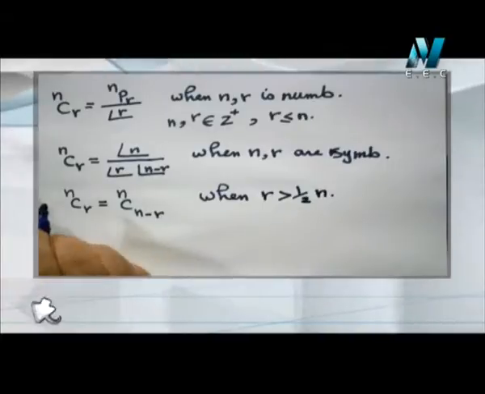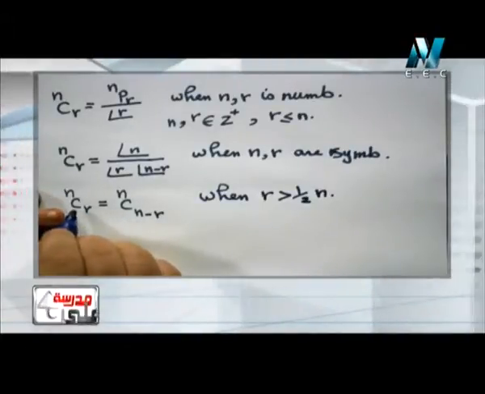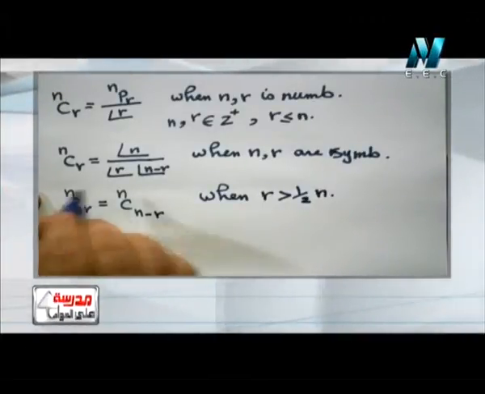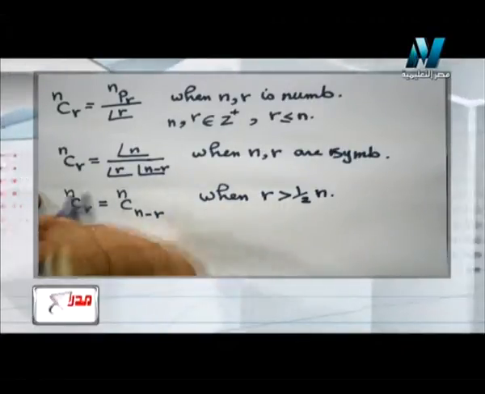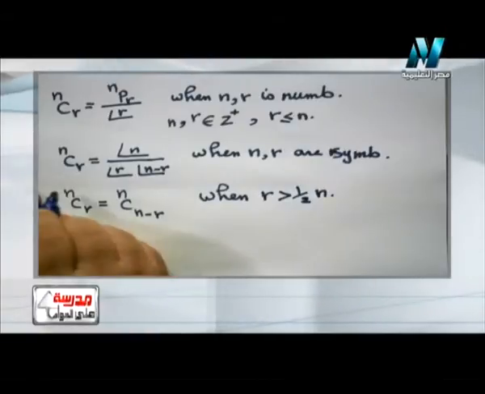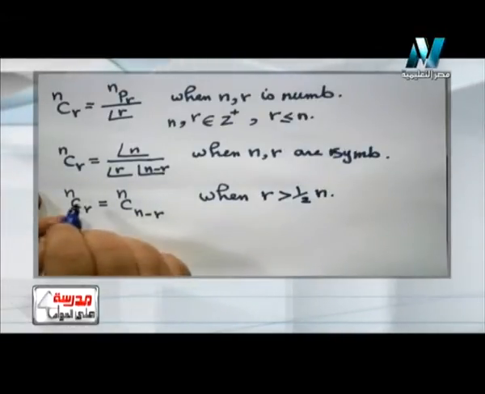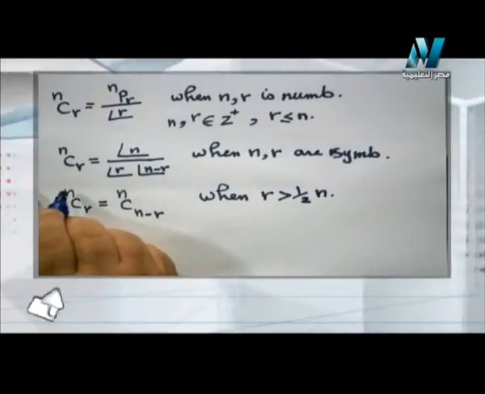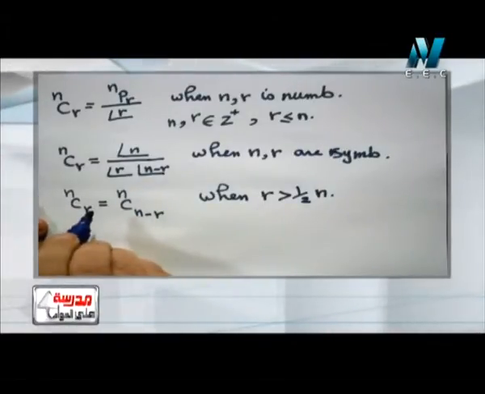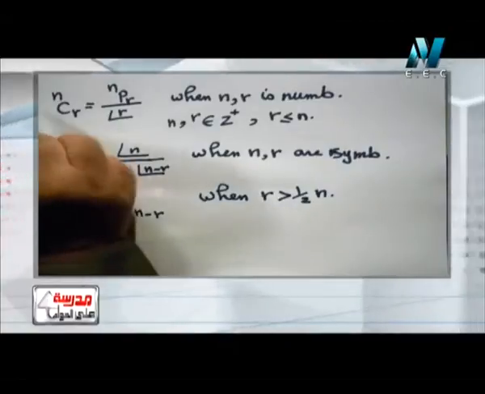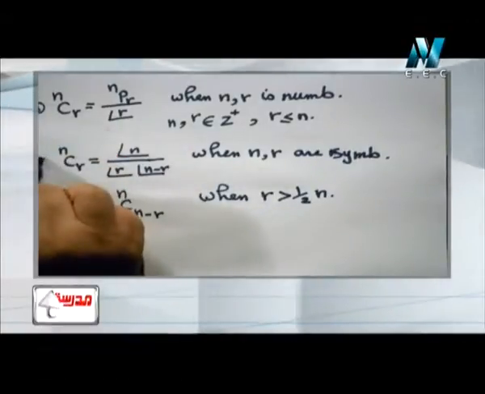Like 15C14, it is 15C1, since 15 minus 14 is 1. 15C8 is equal to 15C7, since 15 minus 8 is 7, and so on.